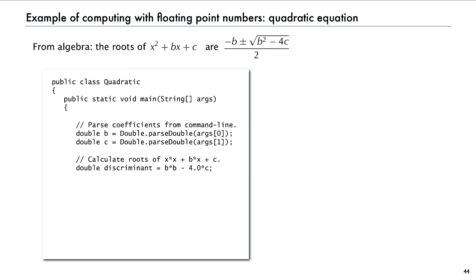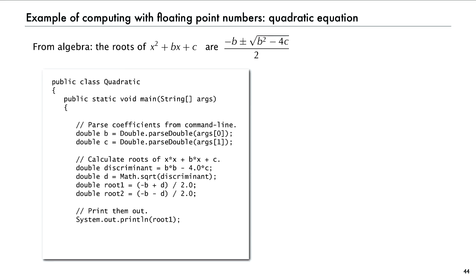A lot of times when we're computing with doubles and we have constants, integer constants even, we write 4.0 rather than just 4, just to make sure that it's a double literal. Then we take the square root. That's d, and then there's two roots, minus b plus the discriminant over 2 and minus b minus the discriminant over 2, and then we write them out. And these things are double, but again, if you're writing it out, Java automatically converts it to a string.